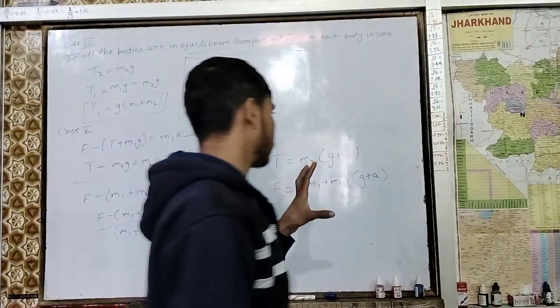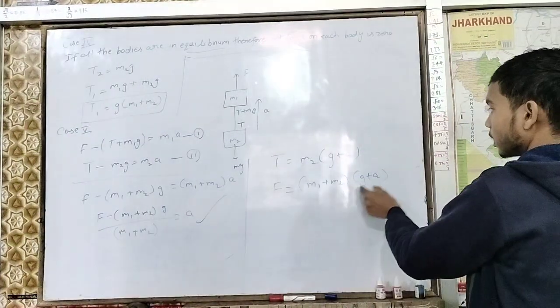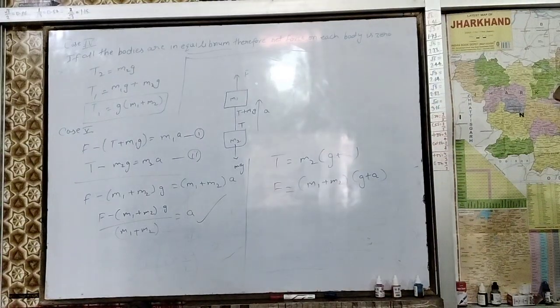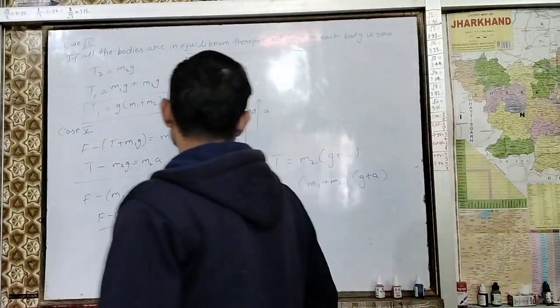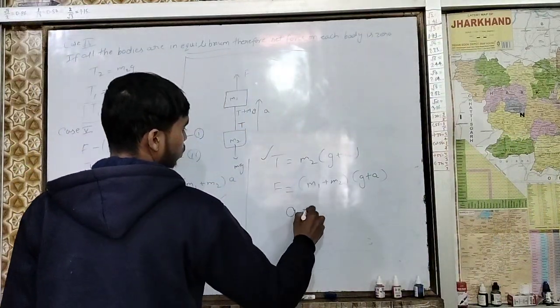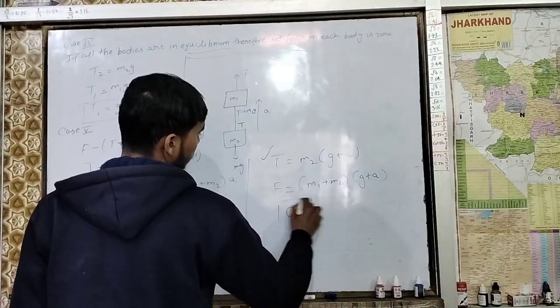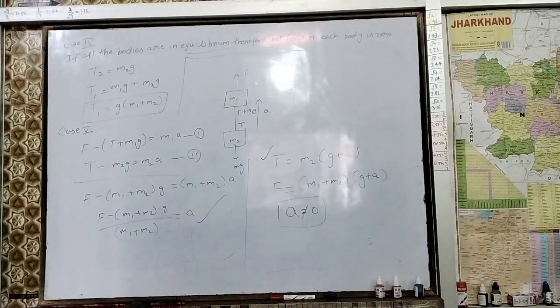Both are acceleration. Total mass multiplied by total gravitational force, g plus a. Here acceleration is not zero. Remember, acceleration is not zero. That's why these three equations will exist.